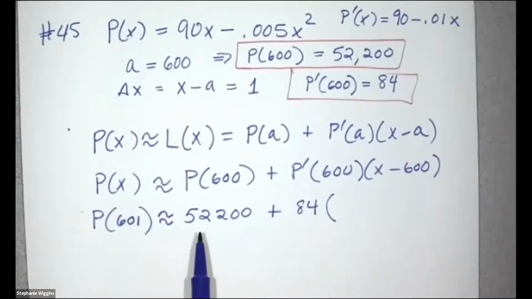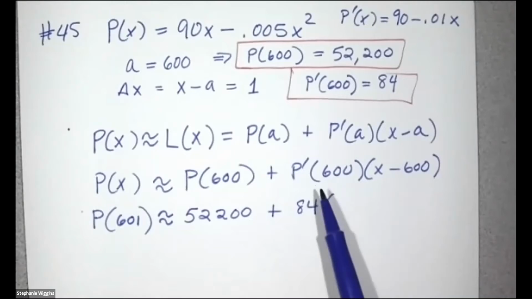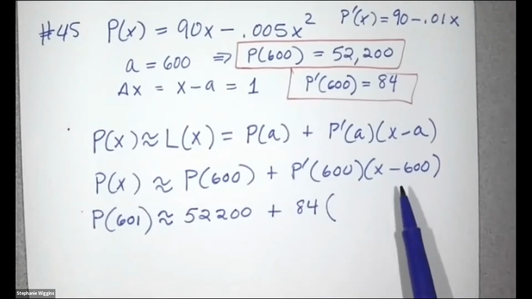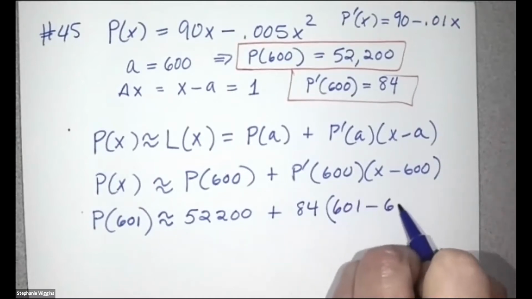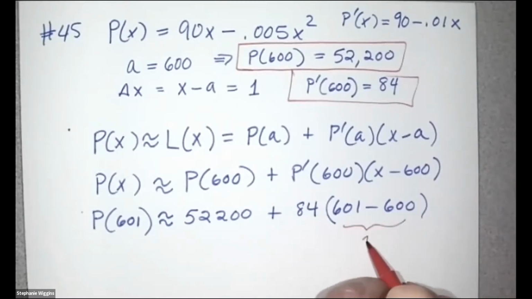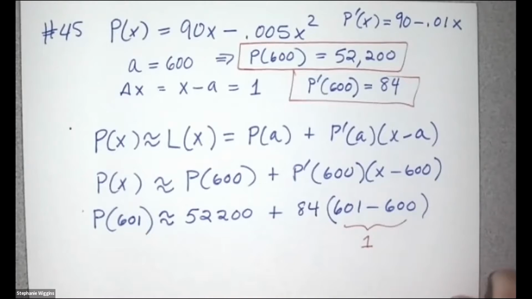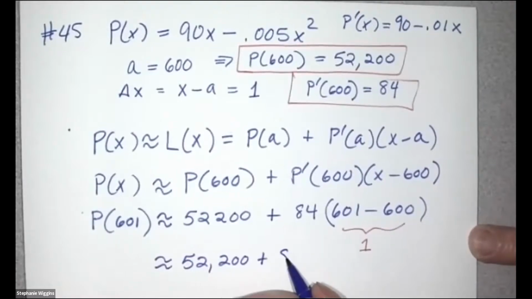All right. So here's the profit at 600. Then you have a change in the profit, and that's the derivative times the change in X. Well, the change in X is just 1, right? Because it's 601 minus 600. So this is 1. And so then we have $84 times 1 is just 84.